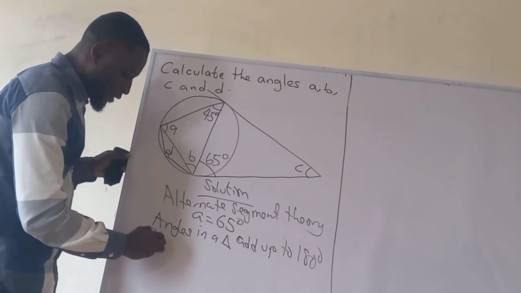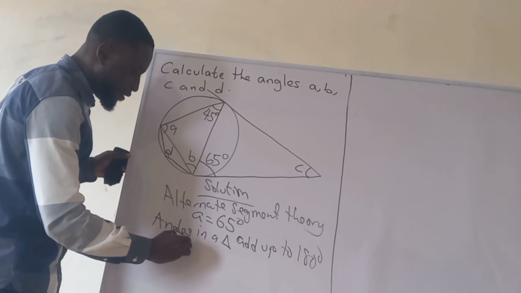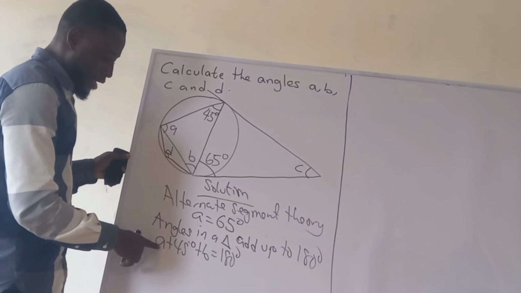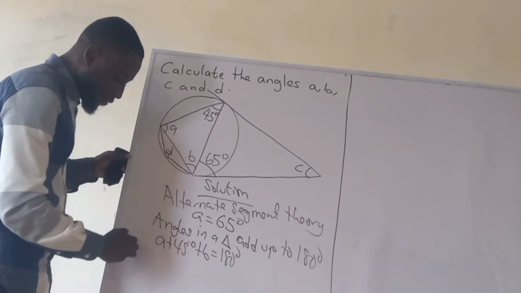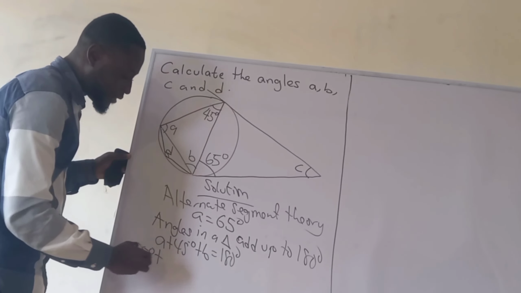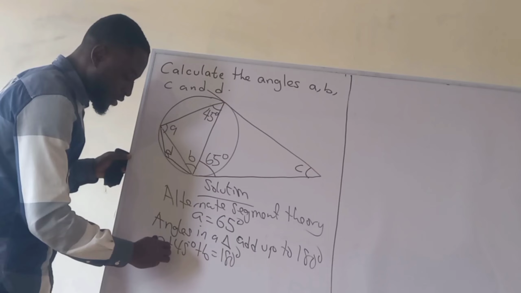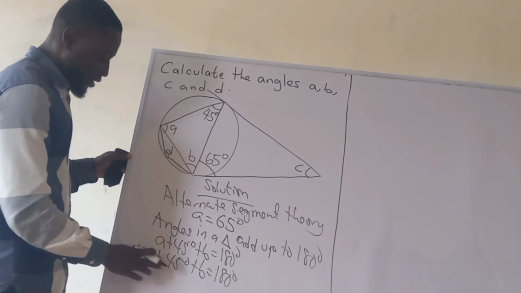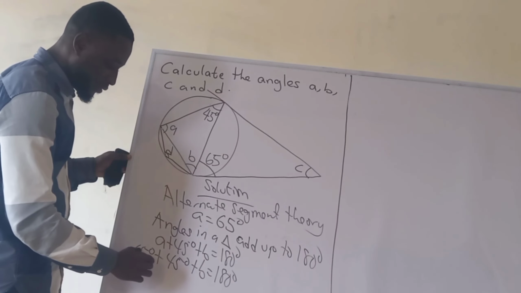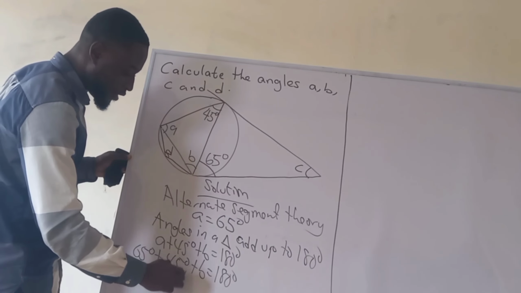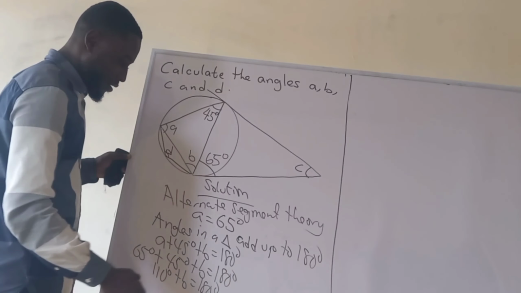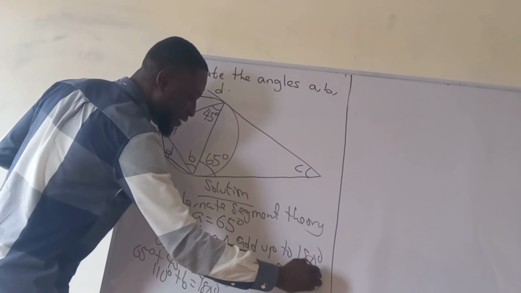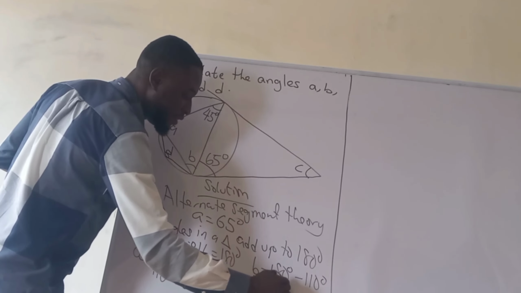So A plus 45 degrees plus B equals 180 degrees. A we have as 65, so 65 degrees plus 45 degrees plus B equals 180 degrees. 65 plus 45 is 110. 110 degrees plus B equals 180 degrees, meaning our B will be equal to 180 degrees minus 110 degrees. Therefore, our B will be 70 degrees.